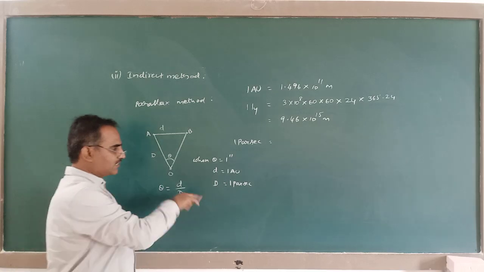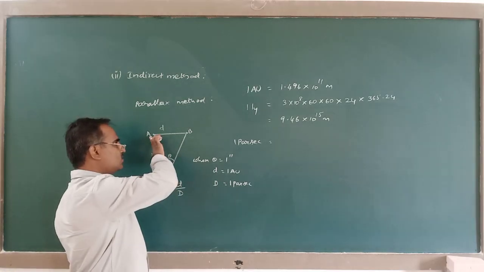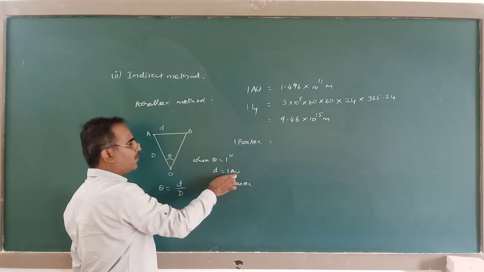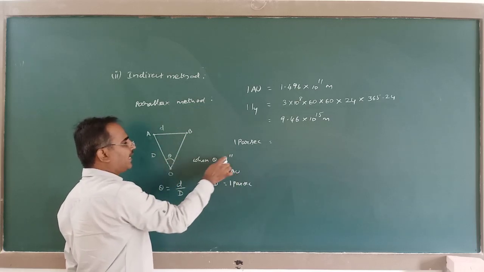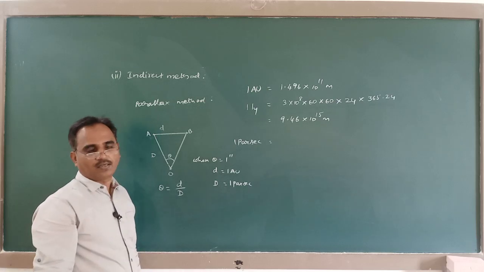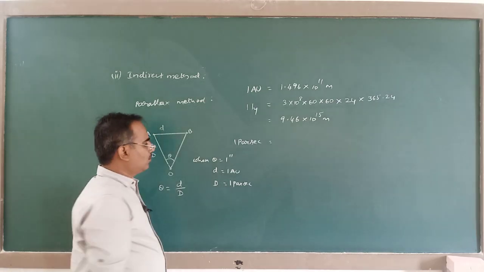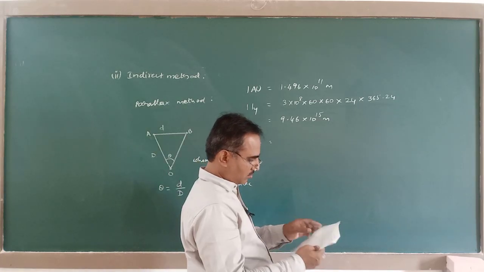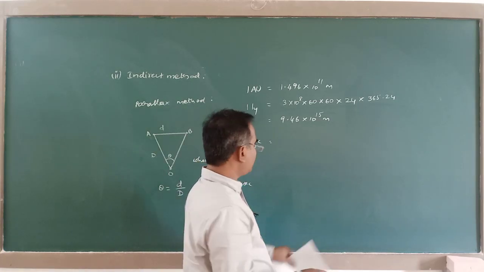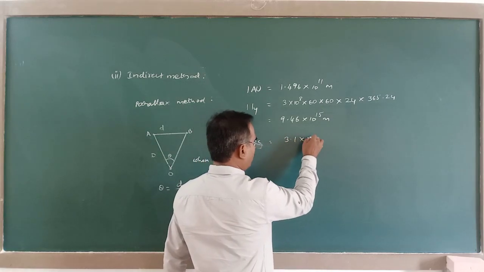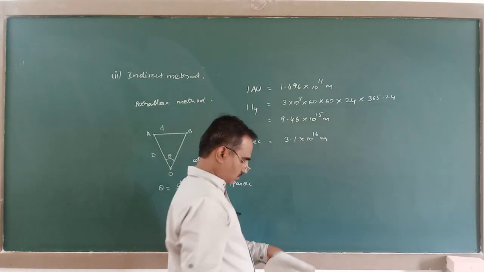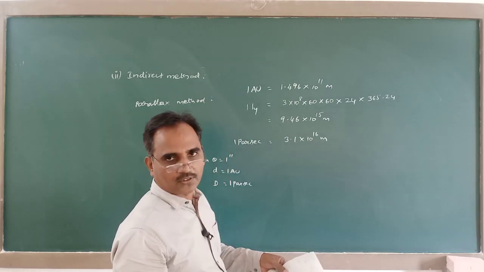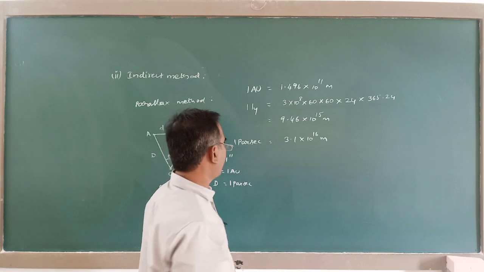So this is the definition of parsec: the distance at which 2 points separated by 1 astronomical unit subtend an angle of 1 second. If you express this parsec in meter, it is nearly 3.1 into 10 to the power of 16 meter. So 1 parsec is equal to 3.1 into 10 to the power of 16 meter.